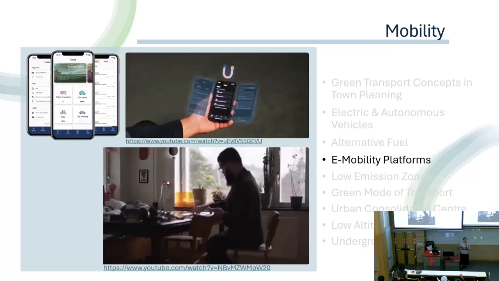I can transition into another mode quite easily and quickly, without having to move between different apps. For example, you don't have to use the Kowloon Motor Bus app to make sure you're on the bus on time and then transition to an MTR app to see when the next train would be coming.